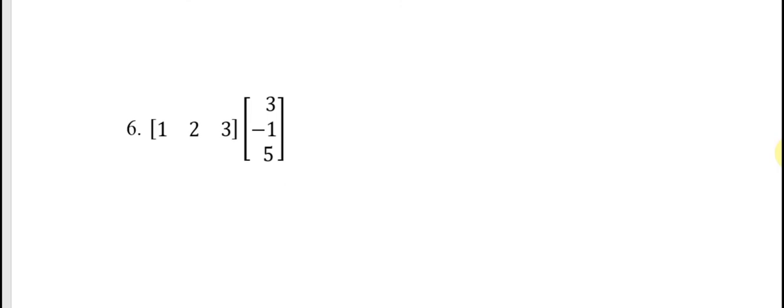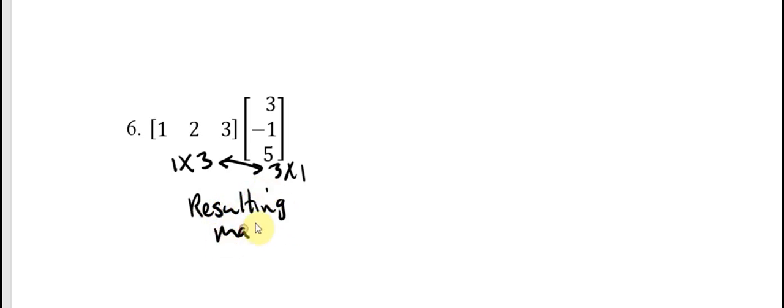Okay, let's look at this. This is pretty cool. This is a 1 by 3 times a 3 by 1. The numbers inside are the same, so the resulting matrix size will be a 1 by 1.